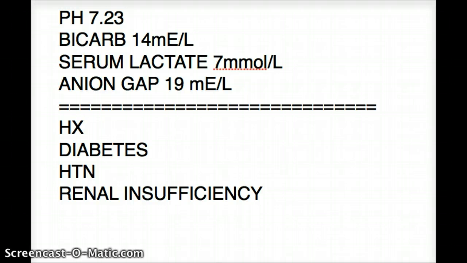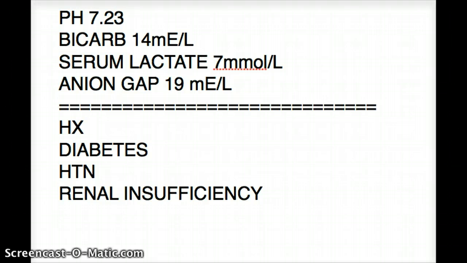Her bicarb is 14, which is low for her acidic pH, which also says that her pH is not compensated. Her serum lactate is 7 millimoles per liter. The lab that's given in the test is actually in units per liter, not millimoles per liter, so if you look for this lactate value on the labs, you're not going to find it.